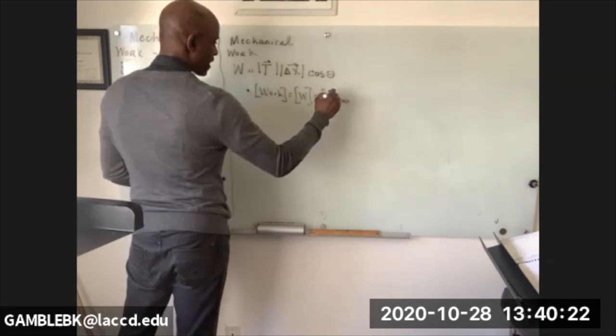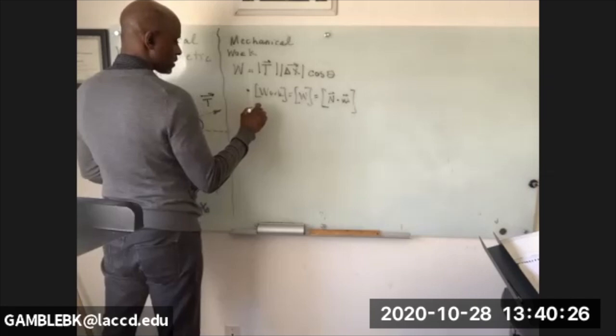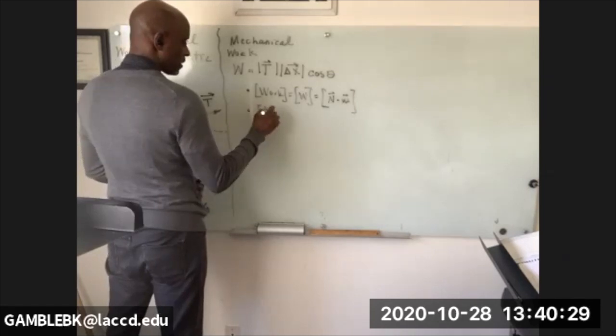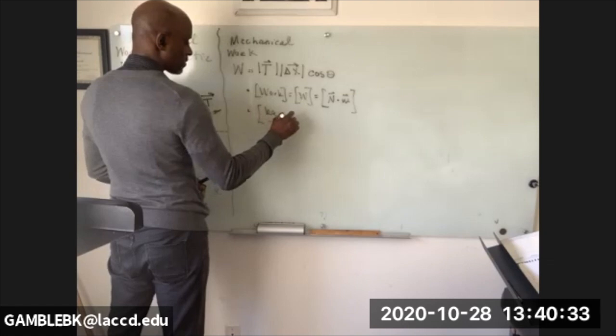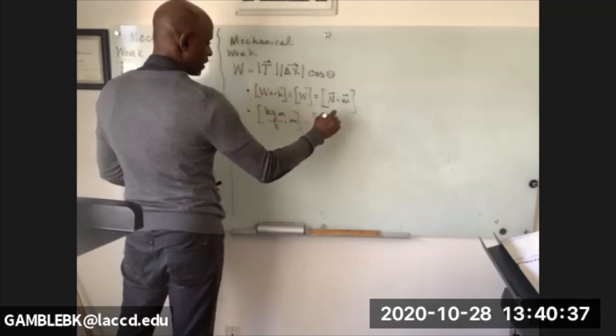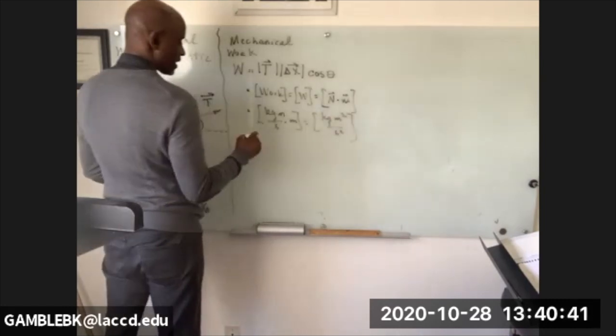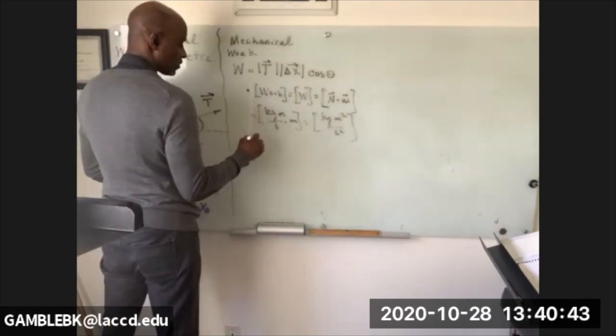I guess we could break it down a little further, where a Newton, of course, is a kilogram meter per second squared, so times a meter. So that's equal to a kilogram meter squared per second squared. And we have a name for that. That's called a joule.